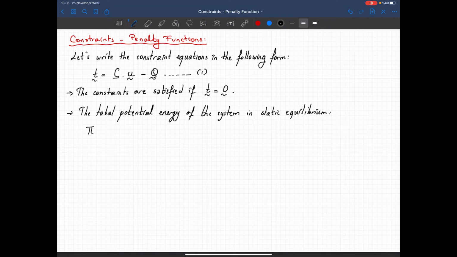So the potential energy is equal to 1 over 2 U transpose times K times U minus U transpose F, right? So let's take a look at this equation. That's the internal elastic energy, right? And this is the work done by the external forces. For this, I'll just draw this figure just to remind you.